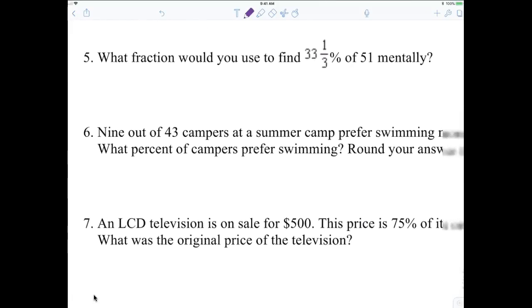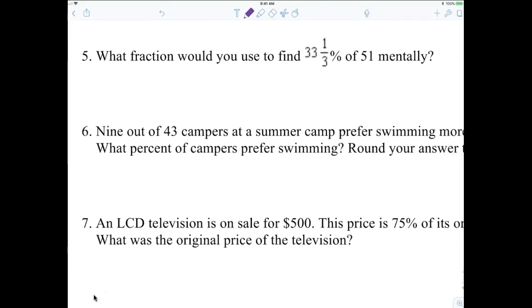All right, this was a super, super important problem. 33 1/3% is the same as what? 1/3. Thank you. When somebody says 33 1/3%, they really just mean 1/3. So what fraction would you use?